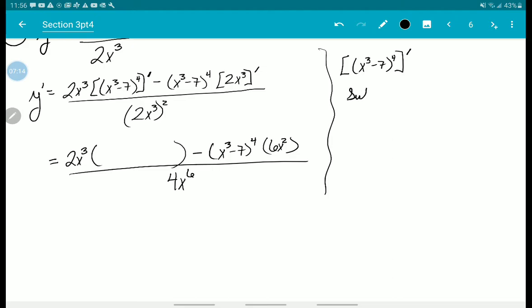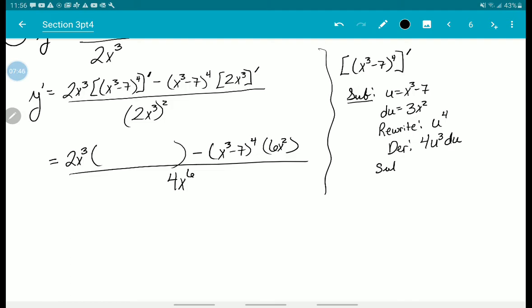So let's do a substitution. u is x cubed minus 7. du is 3x squared. We're going to do our rewrite. So now we're taking the derivative of u to the fourth. And that derivative is 4u cubed times du.